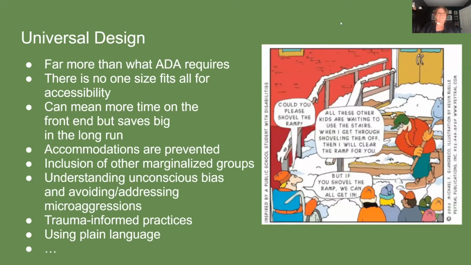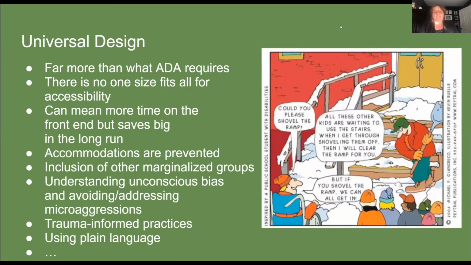Thank you so much, Stacy. So this is the image that Stacy was mentioning on the last slide, and I'll describe it. This cartoon is from 2002, and it shows the outside of a school building, and there's snow covering the stairs and the ramp.